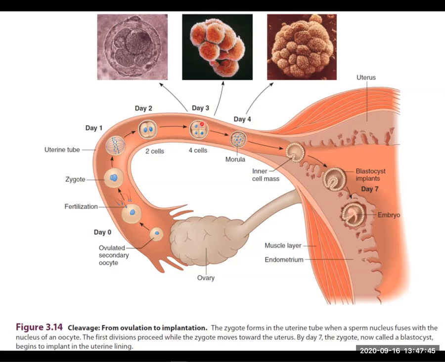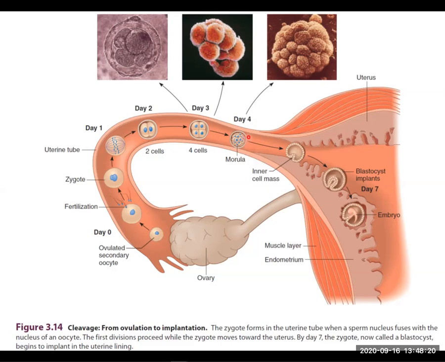The entire volume is not changed, but the cell number increases. And eventually this zona pellucida cannot hold this many cells anymore. Before they break, this is called the morula. The morula is the term to describe that cells divide, but the whole volume is not changed.